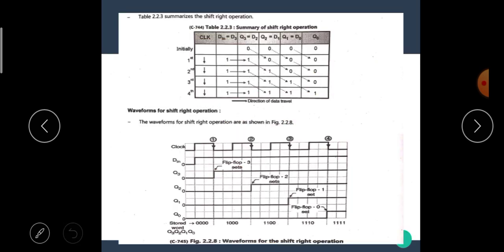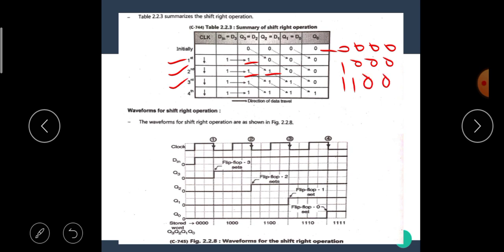Let's see the truth table here. Initially the data is 0 0 0 0. Then after application of the first falling edge of the clock, flip flop 3 sets, hence the data becomes 1 0 0 0. At the second clock pulse, flip flop 2 sets, hence the data becomes 1 1 0 0.